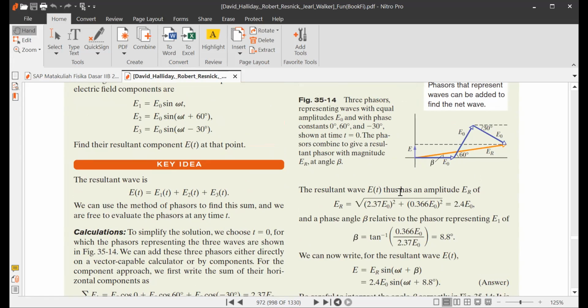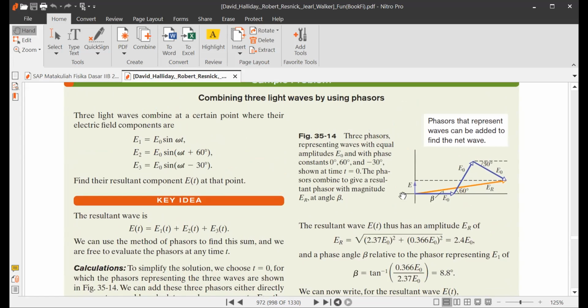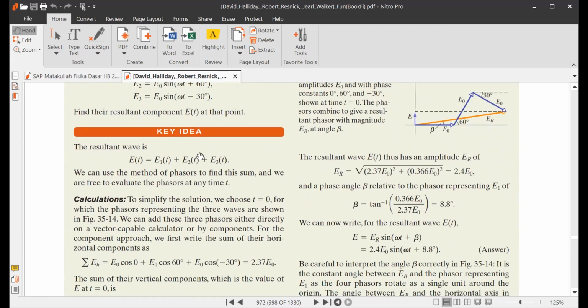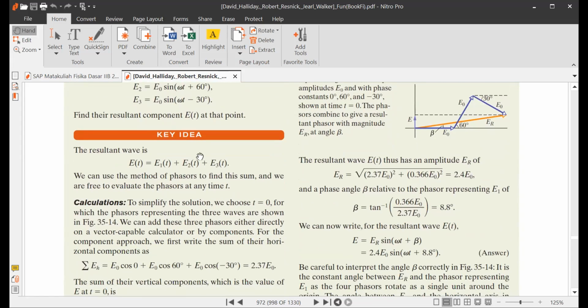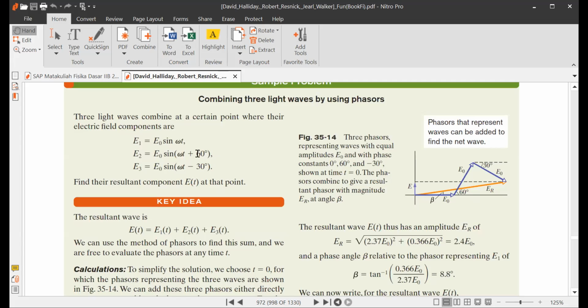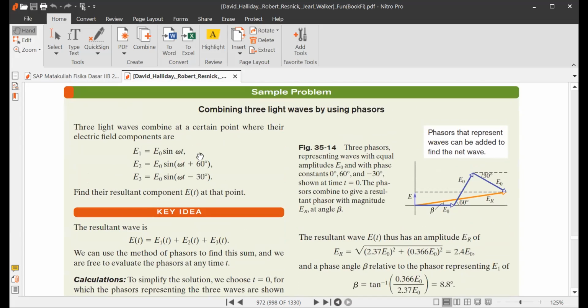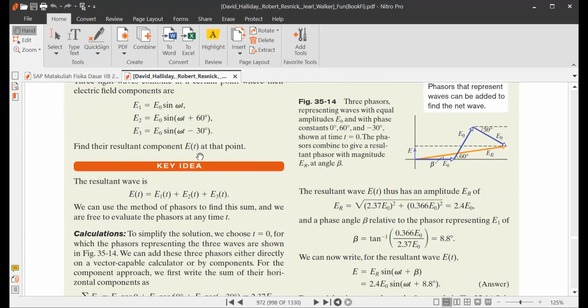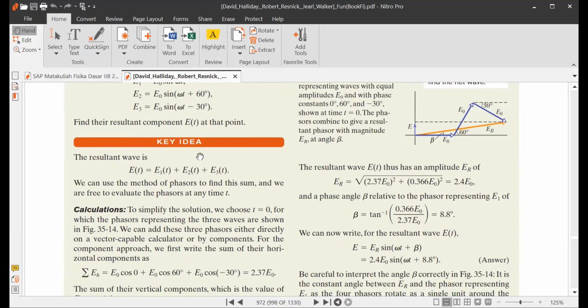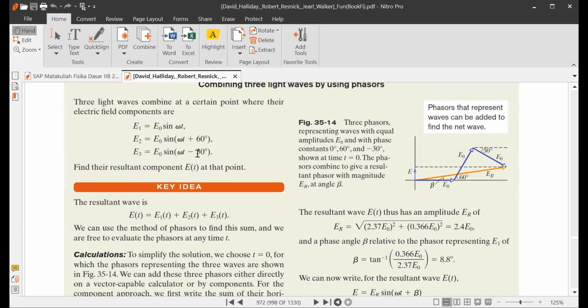So basically, because we only consider the oscillation part, this simplifies the solution, in particular for fixed t, not only for t equals 0.